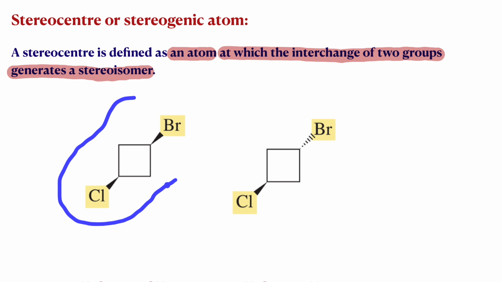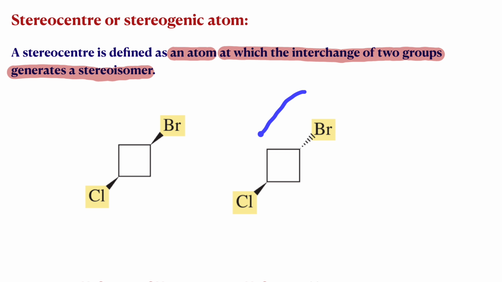This is one example given, and this is another example with the same structure but different spatial orientation. For example, you take this particular carbon atom. Here bromine is above the plane and hydrogen is below the plane. In the second representation, bromine is below the plane and hydrogen is above the plane.